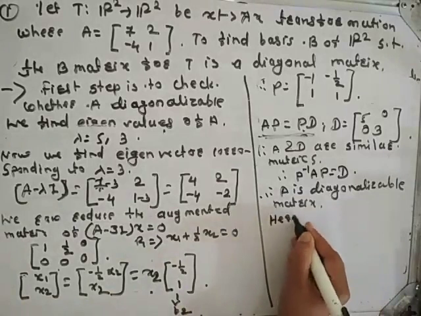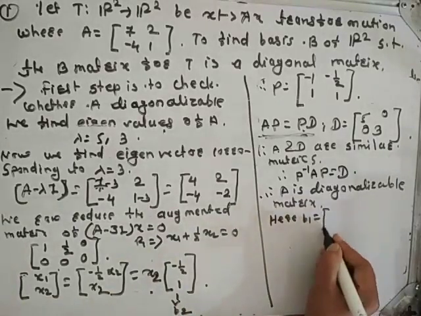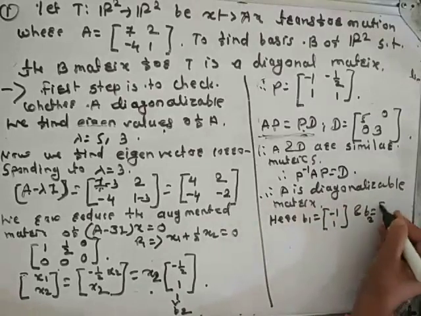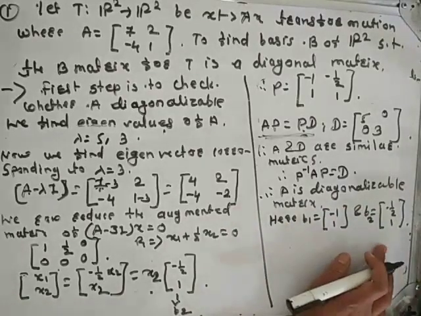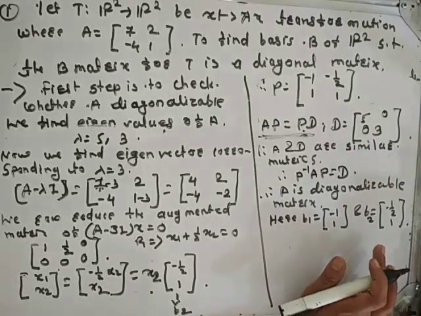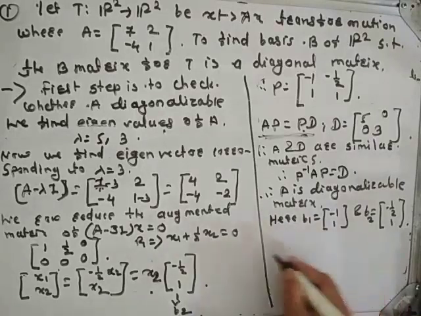Here, b1 is the vector minus 1, 1 and b2 is the vector minus 1 by 2, 1. The set of b1 and b2 forms a basis for R2.